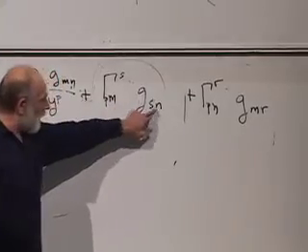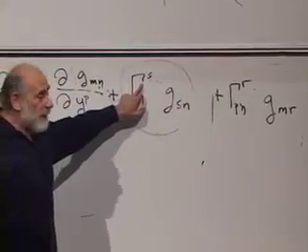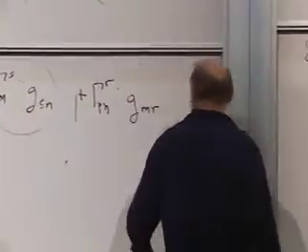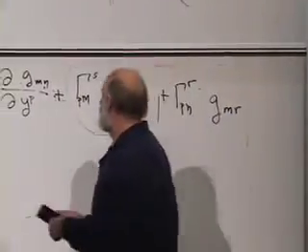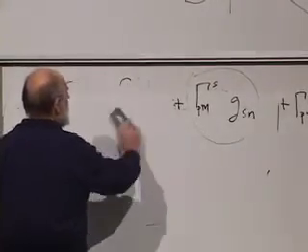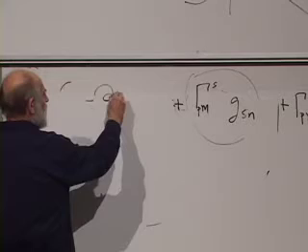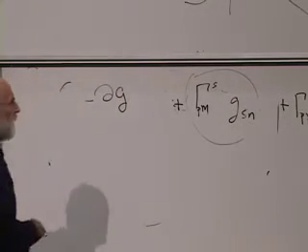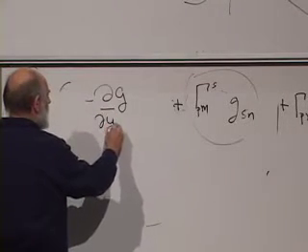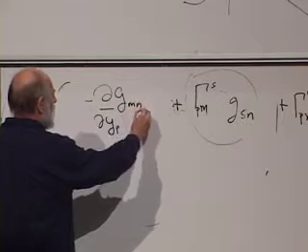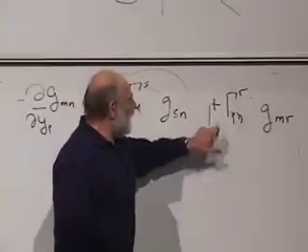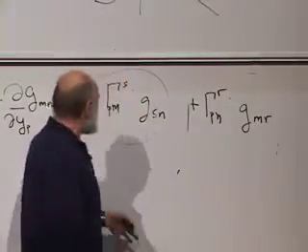Since g with lower indices multiplies gamma here, supposing I wanted to get rid of g with lower index, let's first write that this thing here is equal to minus the derivative with respect to y^p of g_mn. Approximately that. So here I have an equation. If it didn't have two terms like this, it would be very easy to solve.